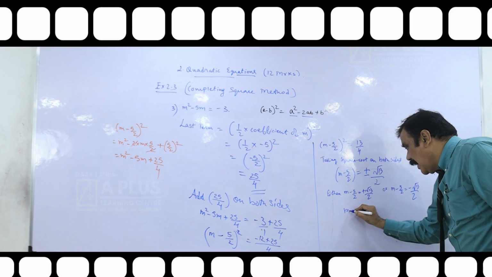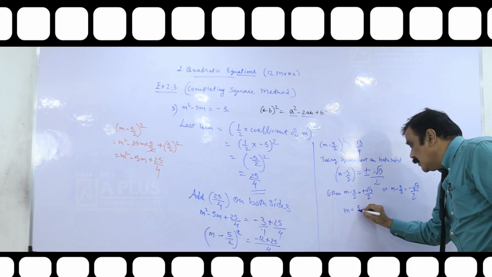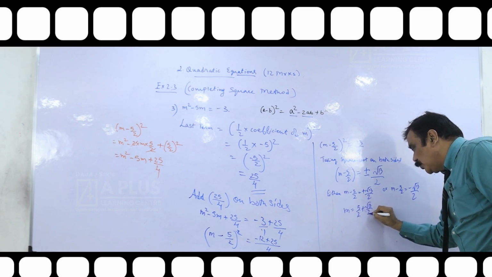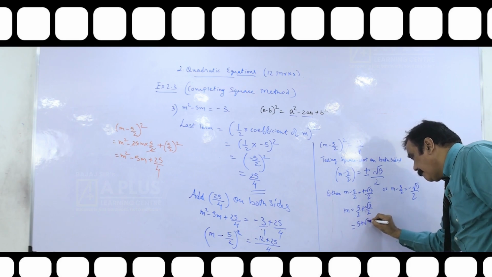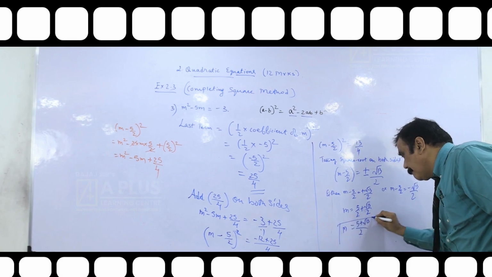This will give you m is equal to 5 by 2, इधर लेके आओ. So this will give you 5 by 2 plus root 13 upon 2. Here you will get 5 plus root 13 upon 2. This is the value of m.